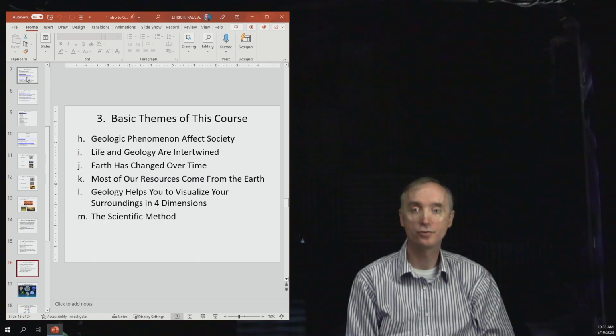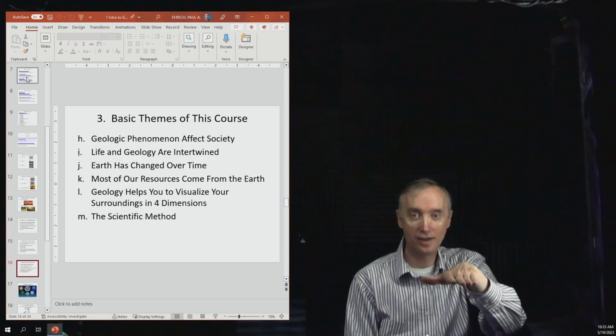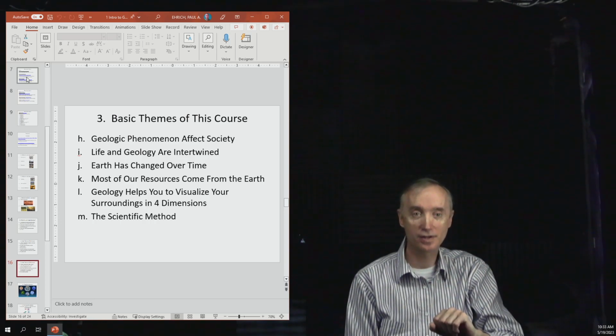Geology helps you to visualize your surroundings in 4 dimensions. So you have 3 dimensions, which are length and width and height, and then the 4th dimension is time.